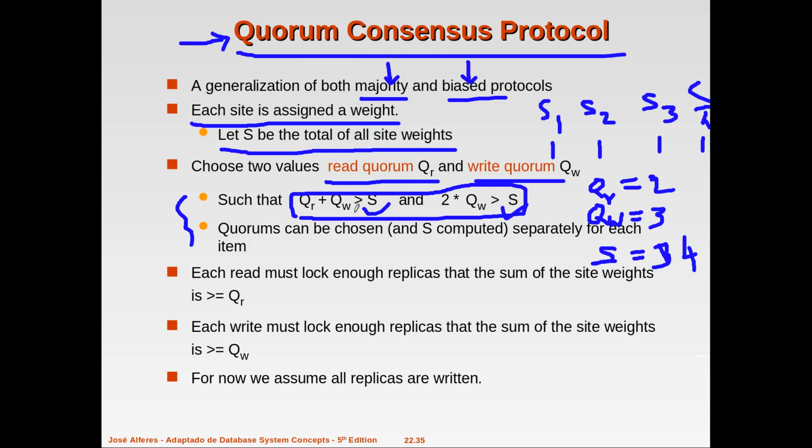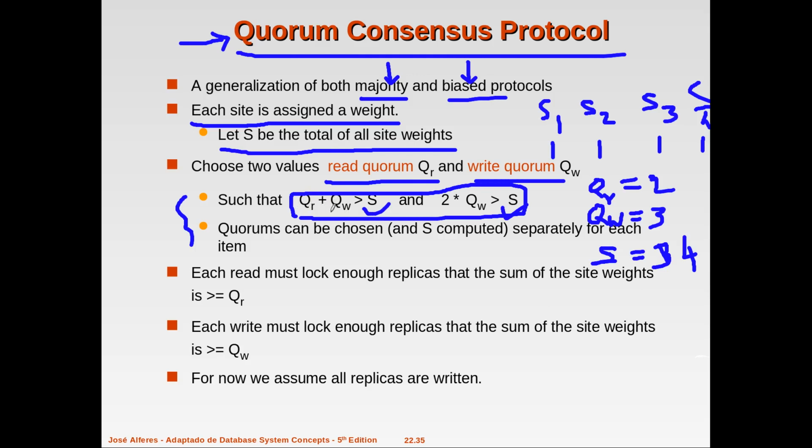QR plus QW must be greater than S means that read and write conflicts cannot occur. That means we cannot have equal values for QR and QW. Sometimes more QR will be available, or sometimes more QW will be available. QR means more read requests, QW means more write requests. Any one must be more.